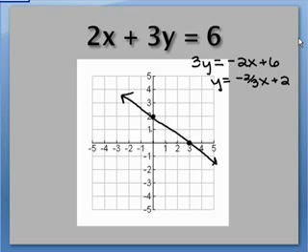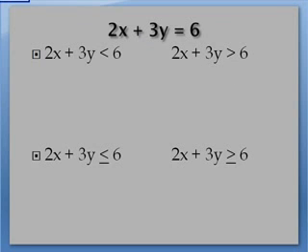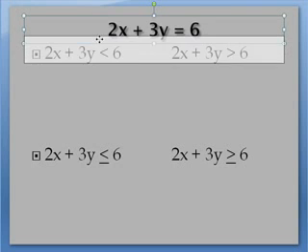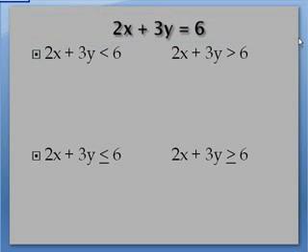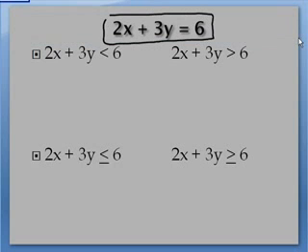Now pay close attention here. We are going to look at graphing the inequalities. We're going to use 2x plus 3y is equal to 6. We're going to remember what that graph looks like, but we're going to graph the inequalities instead. Okay, let's do this first one: 2x plus 3y is less than 6.